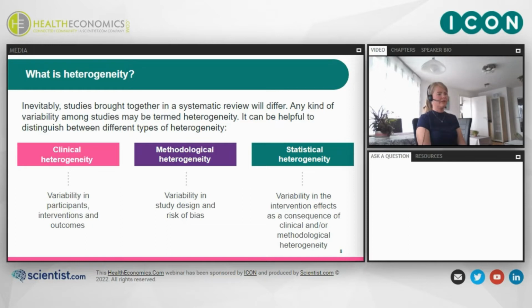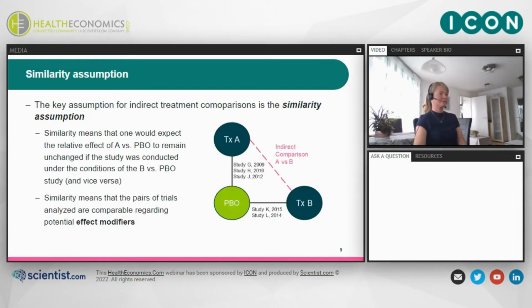For example, if we want to compare crossover studies with RCTs. And statistical heterogeneity would be variability in the intervention effects as a consequence of clinical and or methodological heterogeneity. So we usually measure the amount of heterogeneity and then we account for it. There are certain ways to account for it, which I will talk about as well.